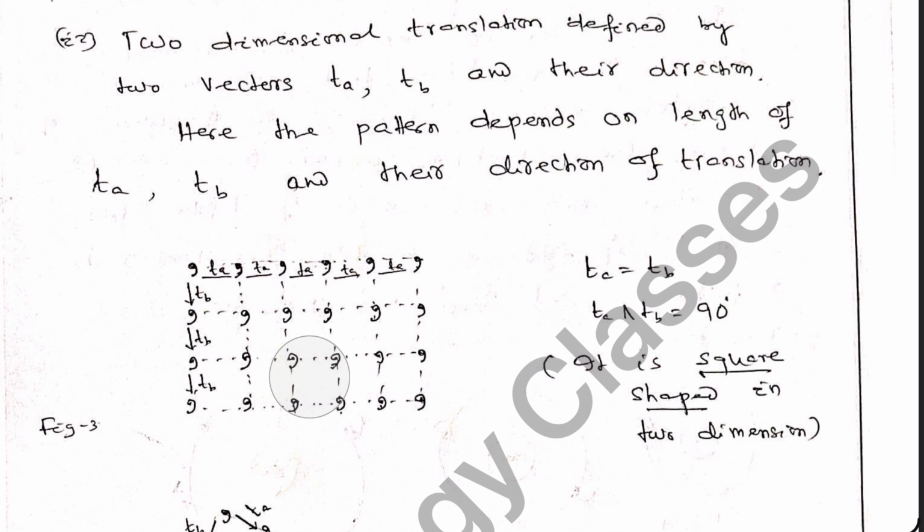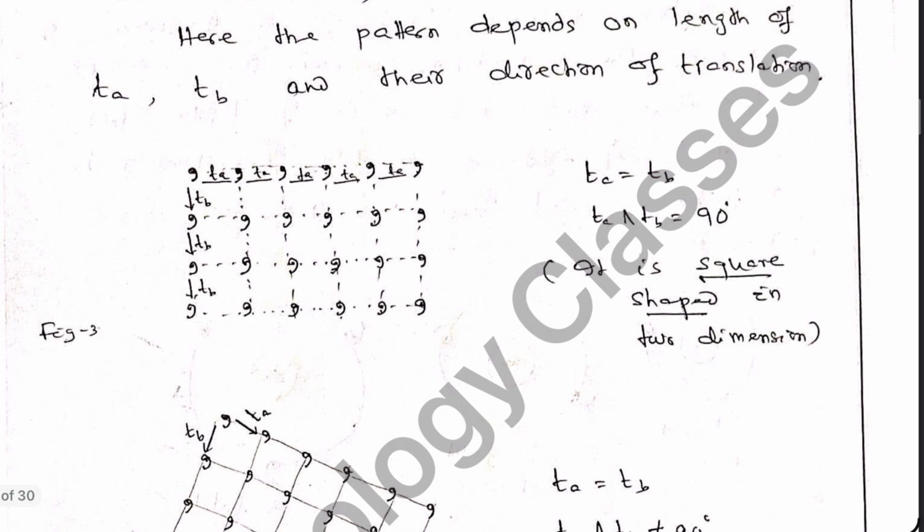The shape depends upon the length of Ta and Tb and the angle between them. Same thing, Ta is equal to Tb, but their angle is not equal to 90 degrees.